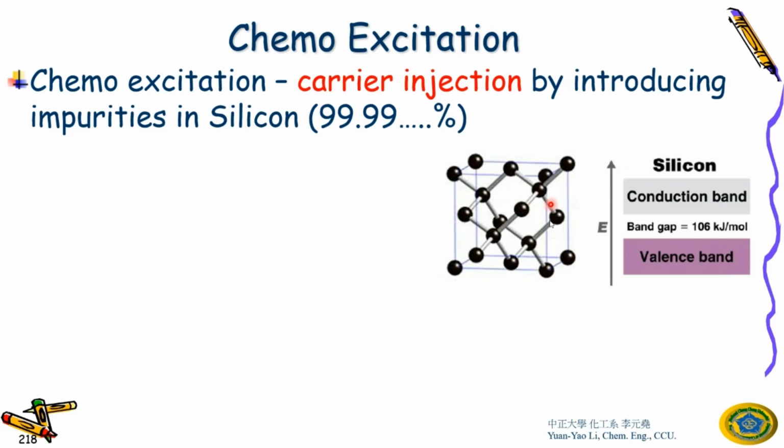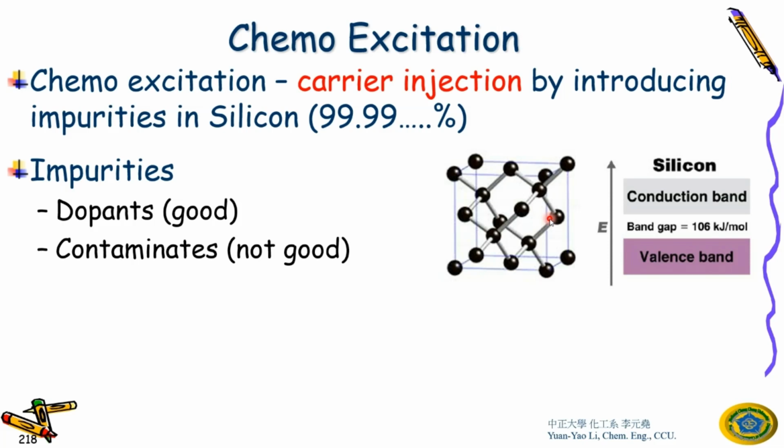Impurity in silicon means what? That we put in different impurities. You can put different types of atoms, as I just told you. Let me give you an example. If you have a portion of rice, you eat rice every day, and you put sesame, do you know what is sesame? 芝麻, into this rice, you can regard 芝麻 as a kind of impurity or foreign atoms in this rice.